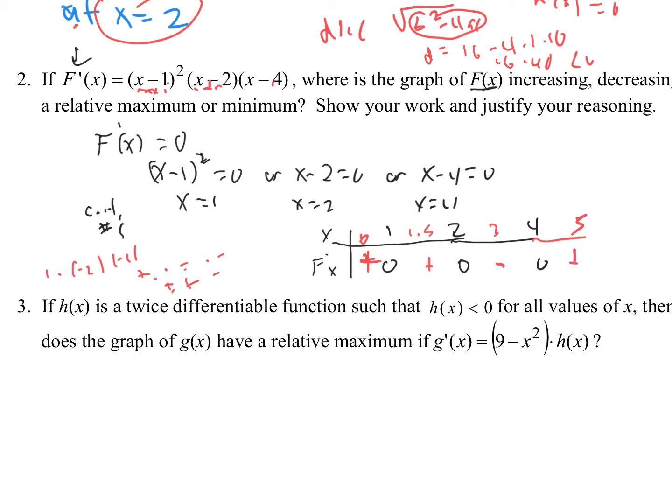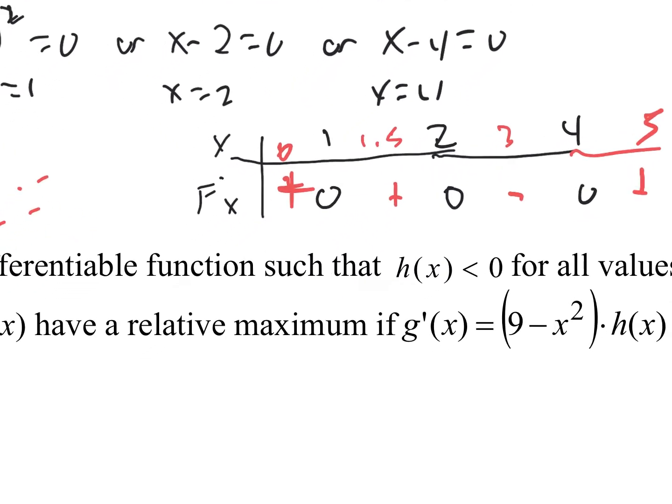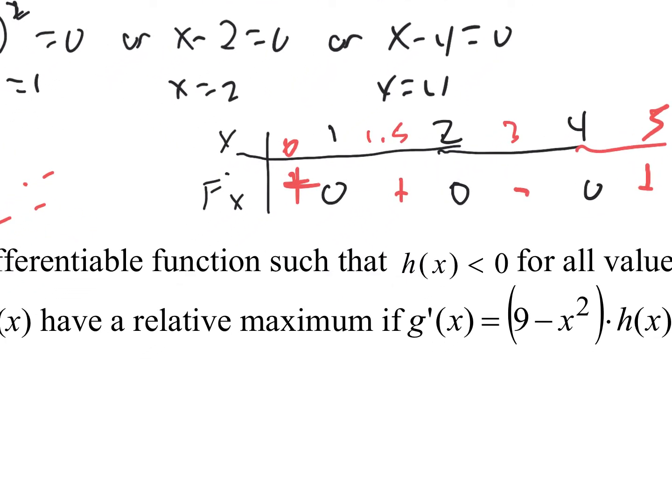So using this chart, I have an idea what the picture looks like. It's increasing, plateaus to a max, but after it plateaus, it increases again. So it does give me a max right here. And then after it maxed out, it doesn't decrease, it just starts increasing again.